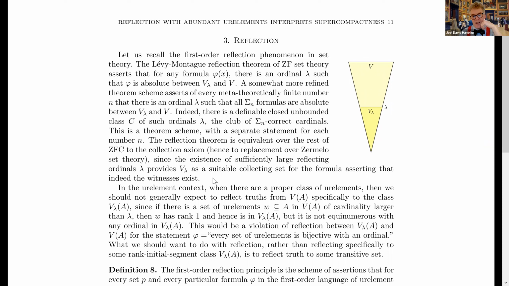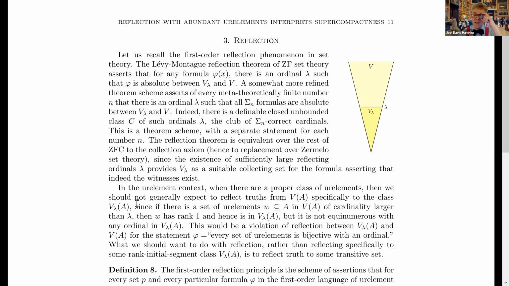In the atom context, we shouldn't generally expect to reflect truths from V(A) to V_lambda(A), because V_lambda(A) would include every set of atoms. Those have very low rank, but they might be bigger than lambda. If there's a proper class of atoms, then V_lambda(A) will have sets that are bigger than lambda, and so the fact that every set is bijective with an ordinal won't be true here.